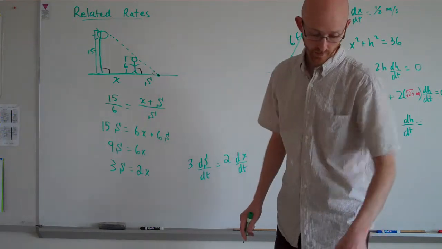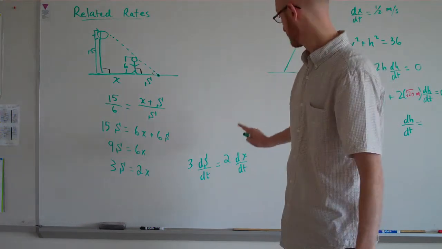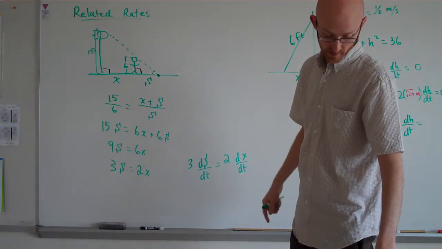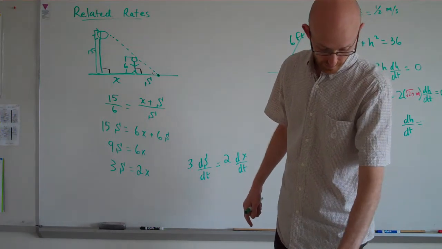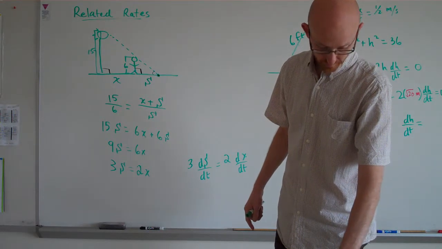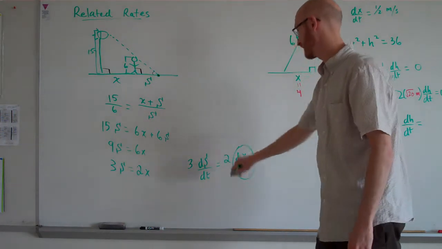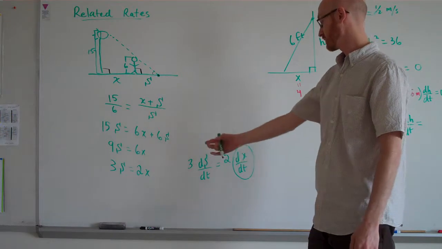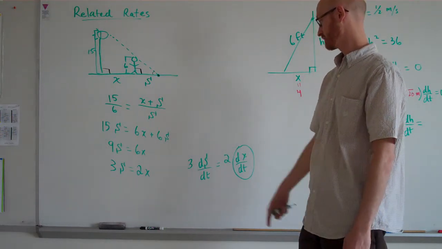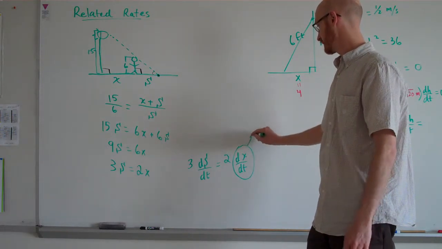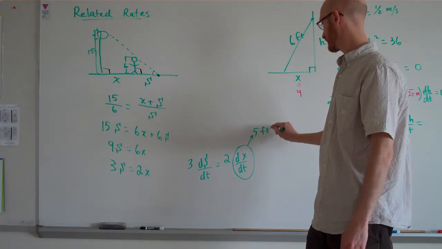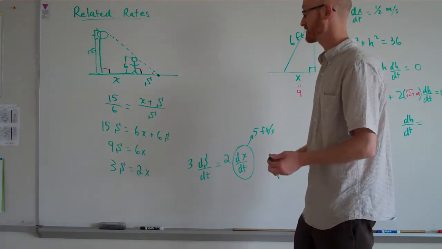We're told that dx dt is, he walks away 5 feet per second, so that's 5 feet per second, and then you can solve for ds dt.